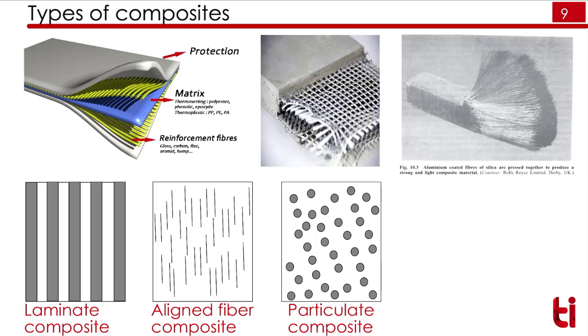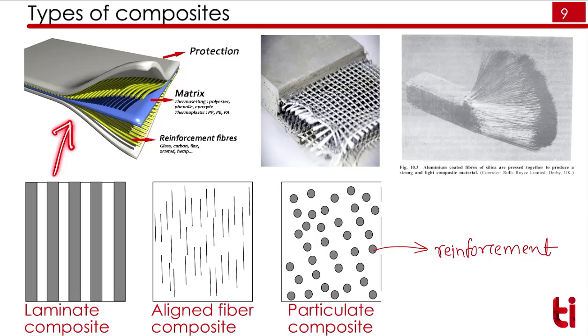Another type is called a fiber composite or aligned fiber composite. Here we have fibers that are aligned and added into a host matrix. The third type of composite is called a particulate composite. Here we have particles or particulates of reinforcement added to the matrix.